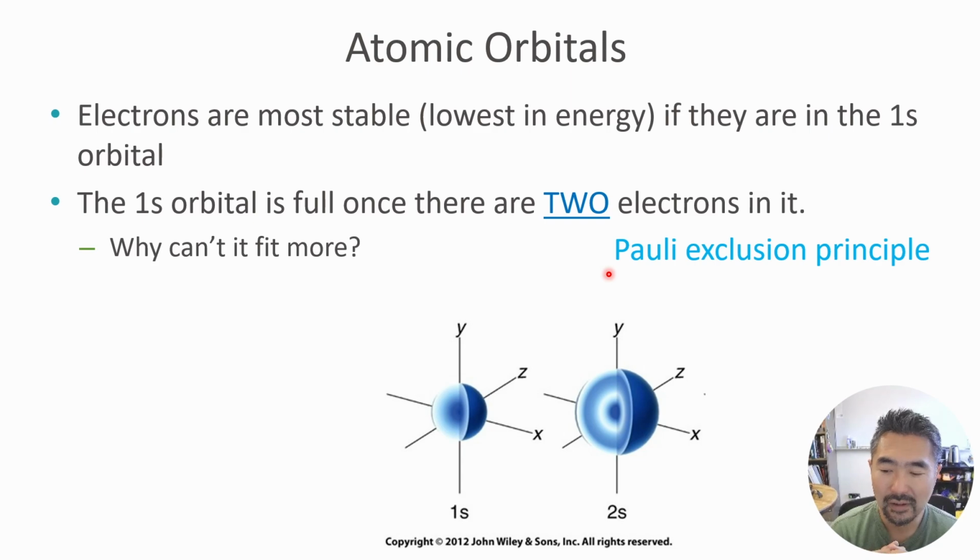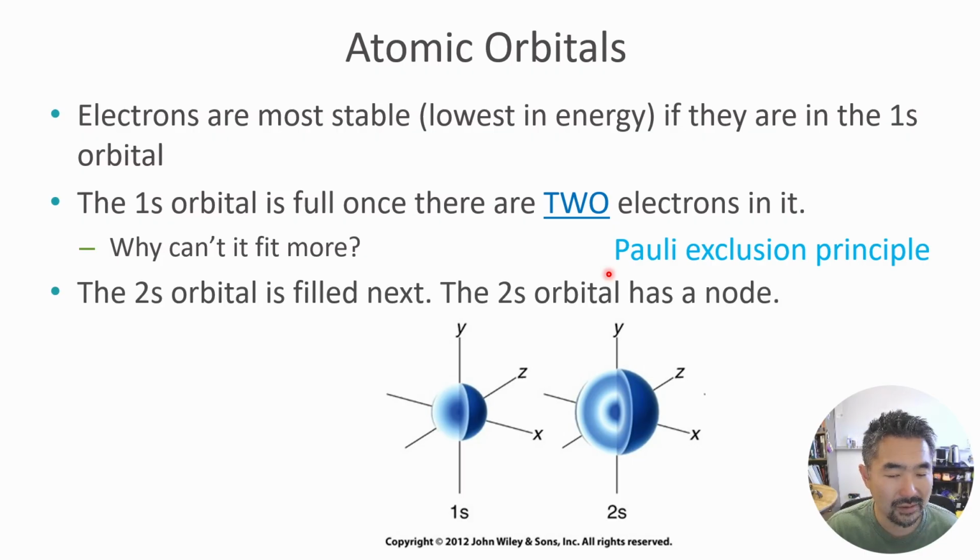Up to 2 electrons can occupy the same orbital because the quantum numbers for the orbital would be the same, but the 2 electrons can have opposite spin states or spin directions, and that would be allowable by the Pauli exclusion principle. But if you had a third electron, 2 of the 3 would have to have the same spin state.